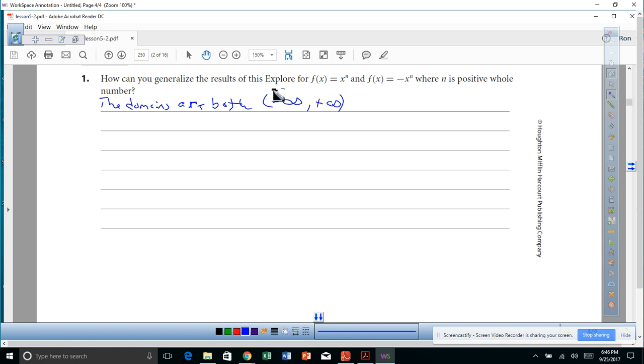The range depends on whether n is even or odd.